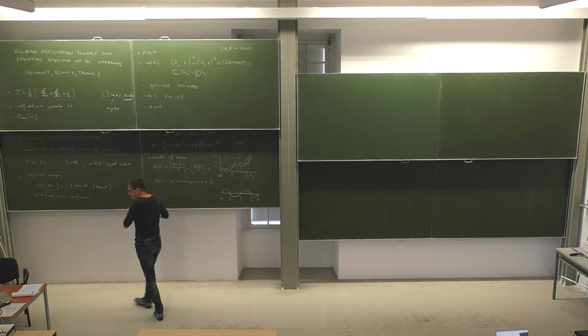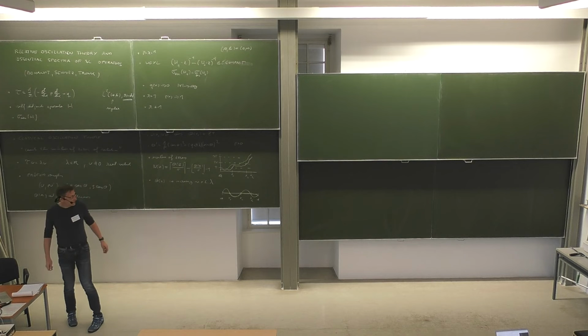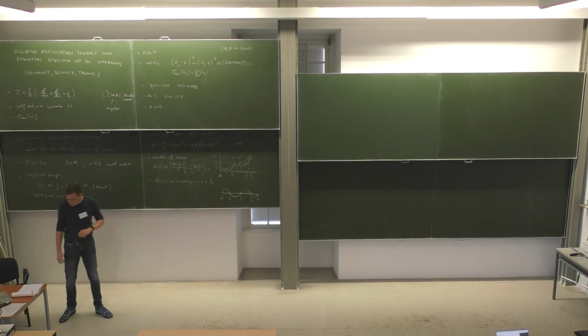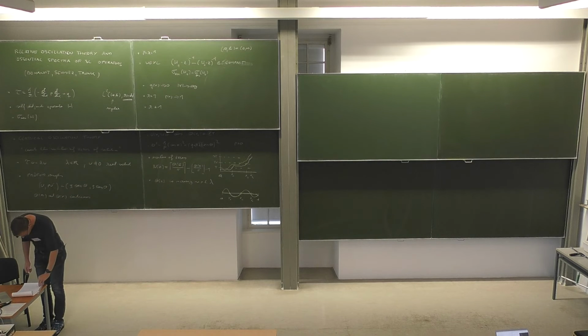Okay, so that means when you determine there's a solution which has an infinite number of zeros, then you know you must be above the infimum of the essential spectrum. So find this point where the behavior changes from non-oscillatory to oscillatory. This is precisely the infimum of the essential spectrum.